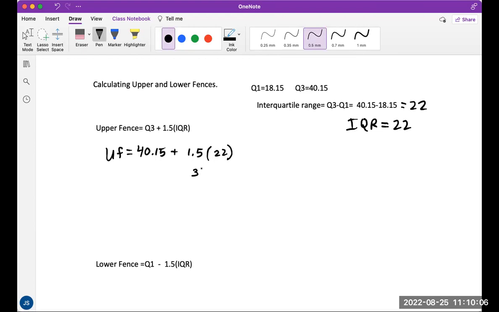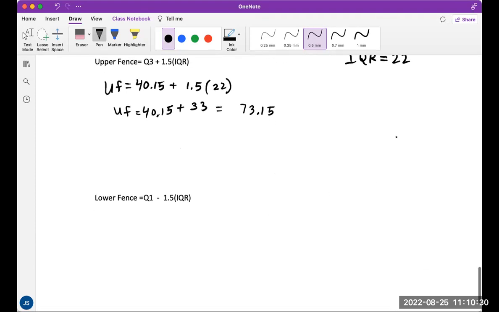That's 33. And then we need to add that to 40.15. And that gives us 73.15, and that is our upper fence. Okay, that's our upper fence.